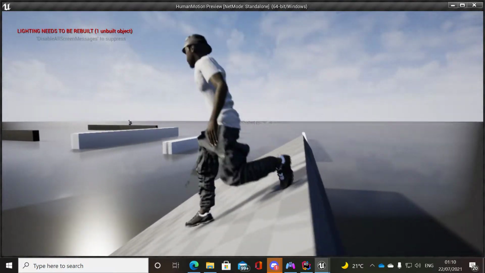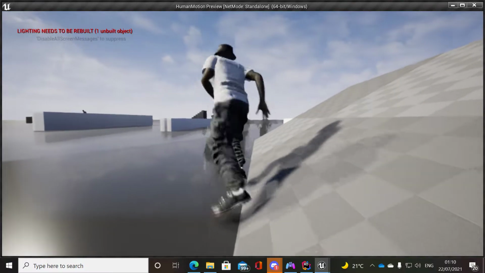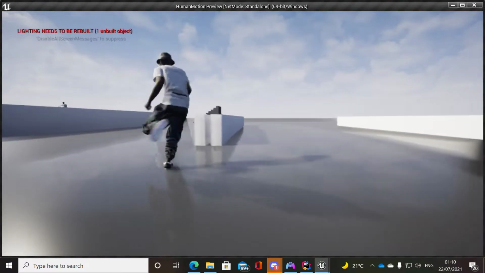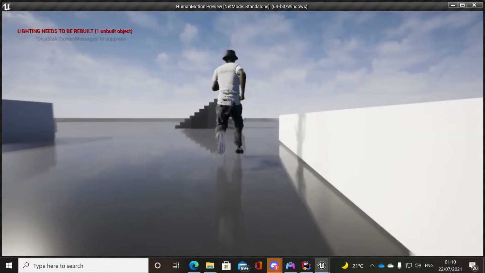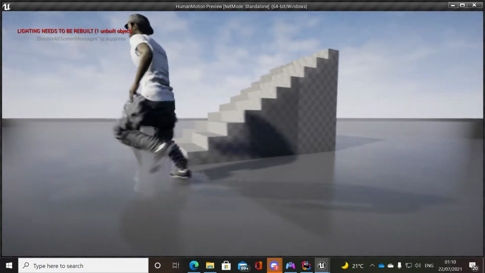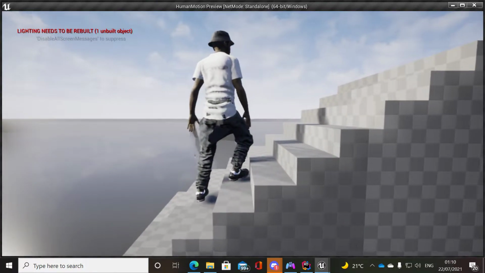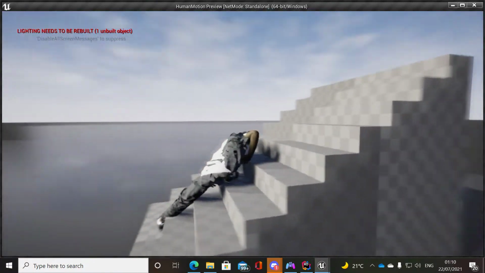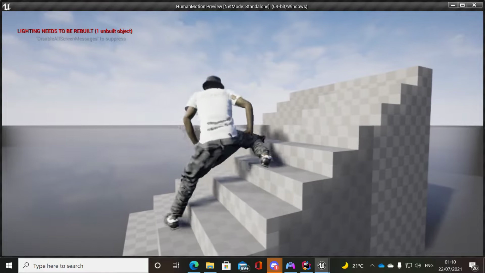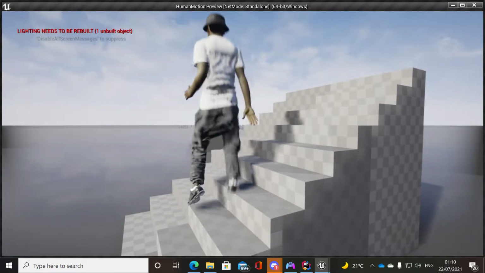Would you go up and down the stairs? The thing that bothers me is that when it runs, it does the IK sometimes. Even that thing there, I really don't like it.